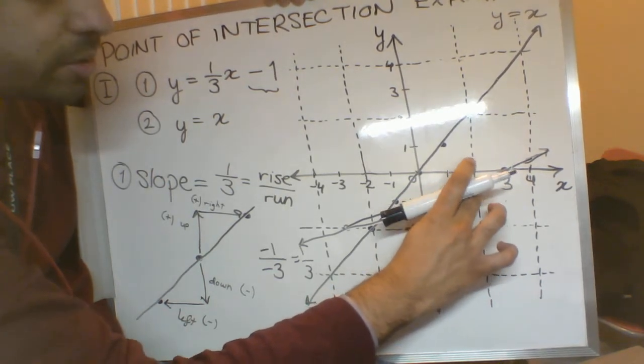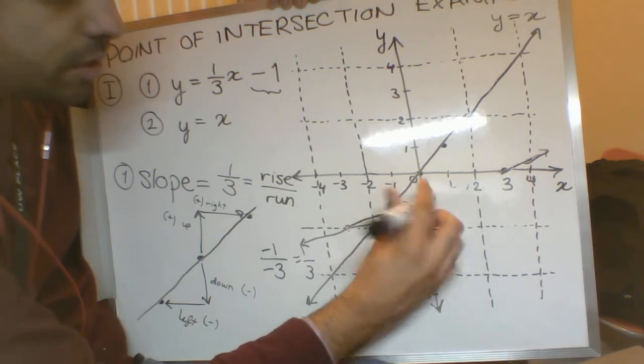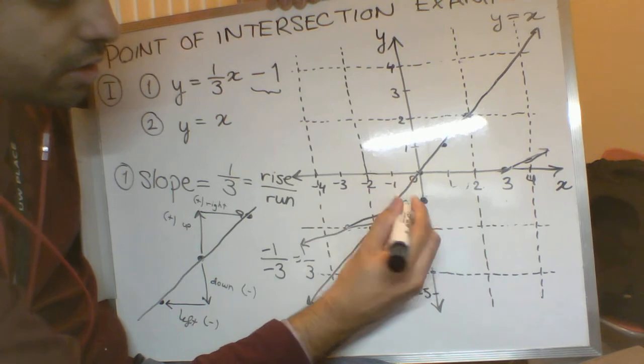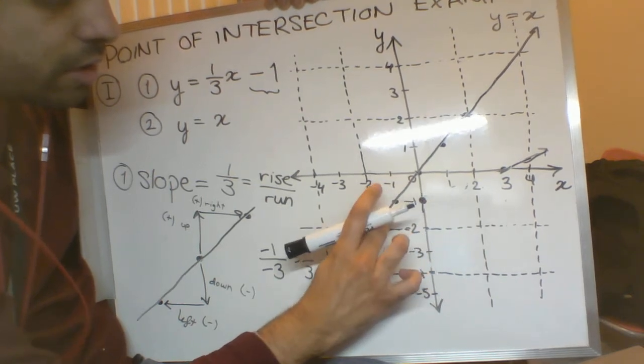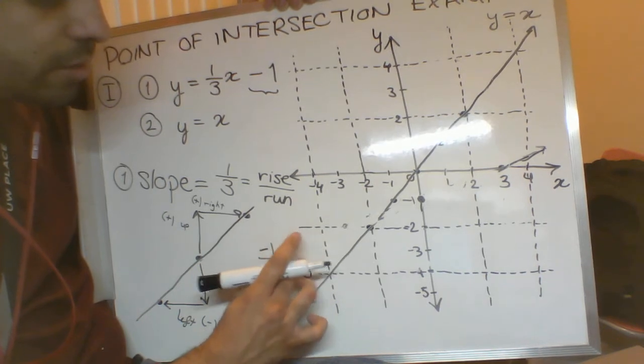Maybe let me just give this another go. There's a 2. I'll just get rid of that. We know our y-intercept was over here at -1. And that's -1 right there. Yeah, let me give this another go. My line was terrible that first time.